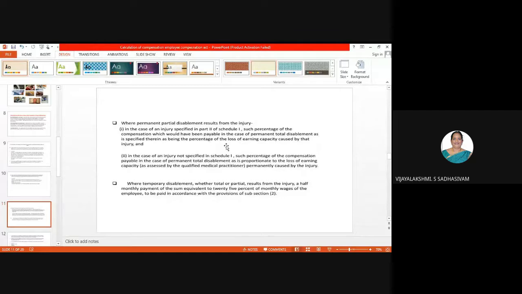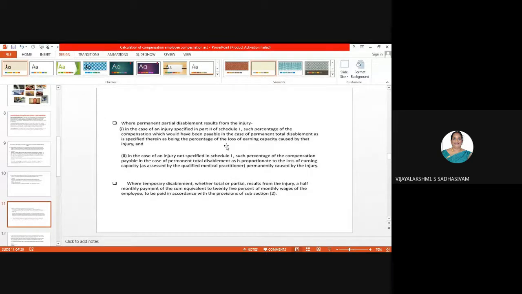We already know that disablement means he is losing his earning capacity, or he cannot put in the full effort which he was doing in the particular job. Because of his disability, he is losing his earning capacity. So this injury would specifically cause a loss to the earning capacity of the employee. In such a case, only he can claim compensation.